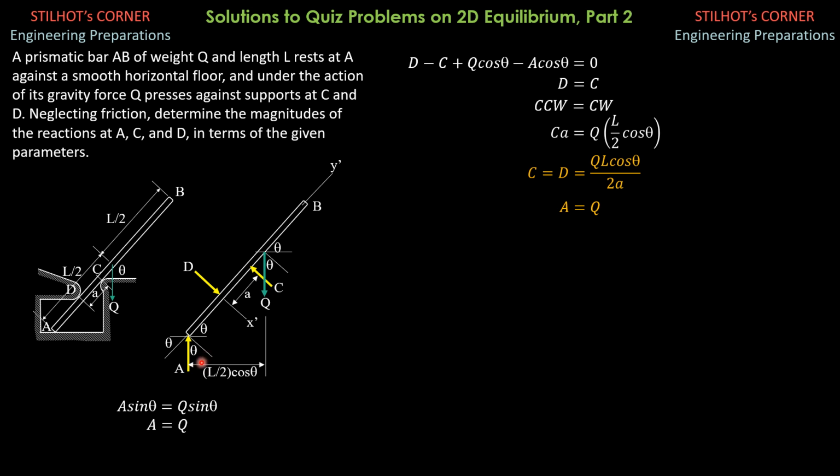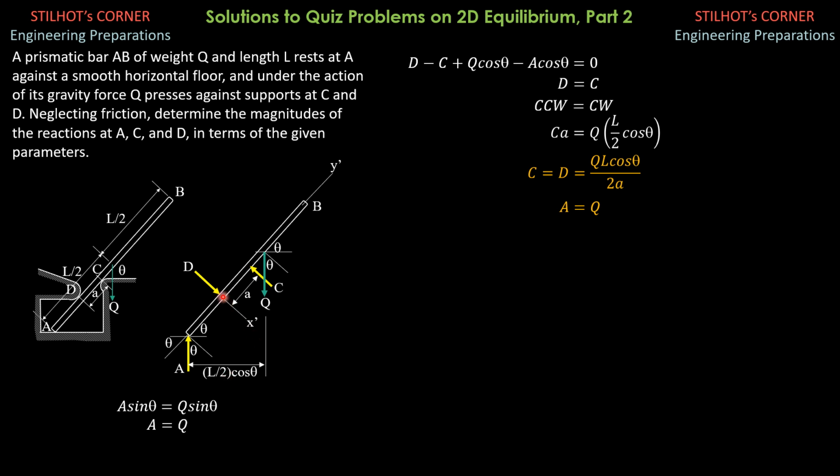A sine theta equals the component of Q in the negative direction, parallel to the axis of the bar, so that is Q sine theta. Cancel out sine theta, so we conclude that A equals Q. So A is Q. So it is a clockwise couple.